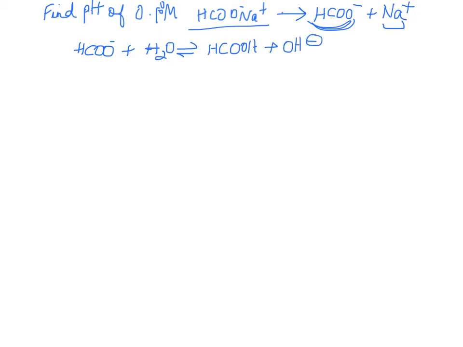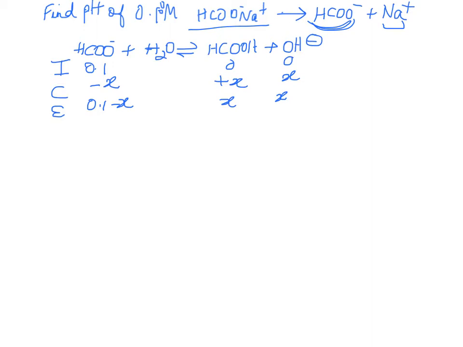And we have said that the initial concentration here is 0.1, and of course initially there is no formic acid, there is no hydroxide, but there can be a change so that hydrolysis can take place, which is going to give you X moles of the formic acid and X of the hydroxide. So when you sum it up to determine the equilibrium concentrations, they are going to look like 0.1 minus X, X for the formic acid, X for the hydroxide.